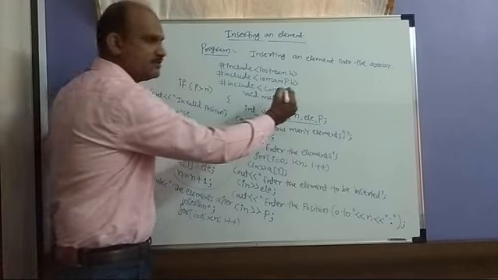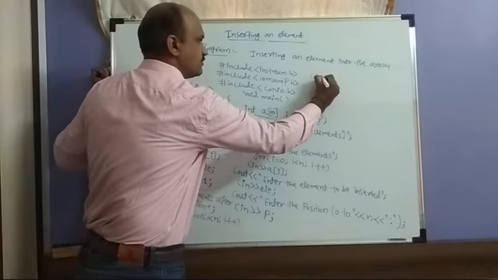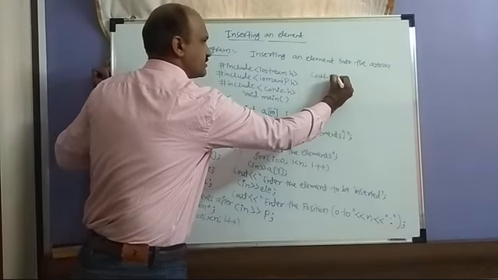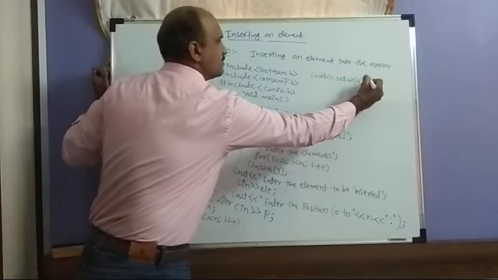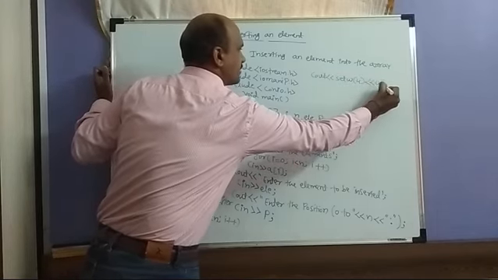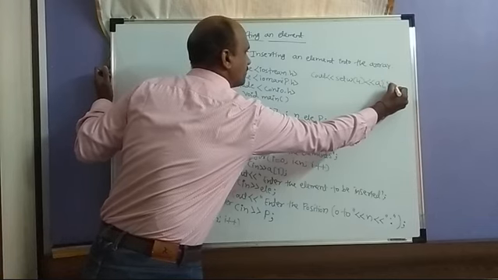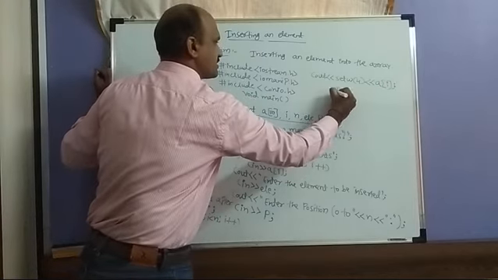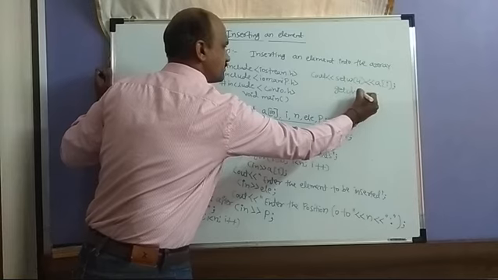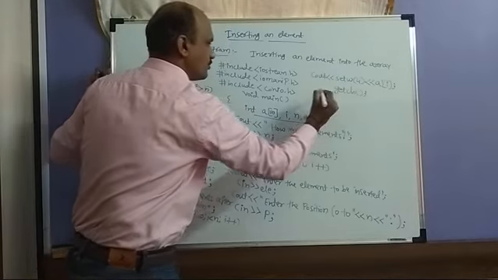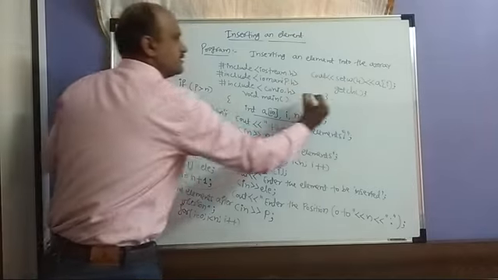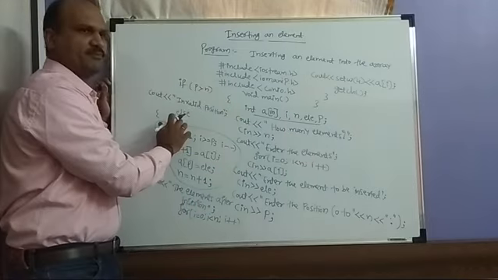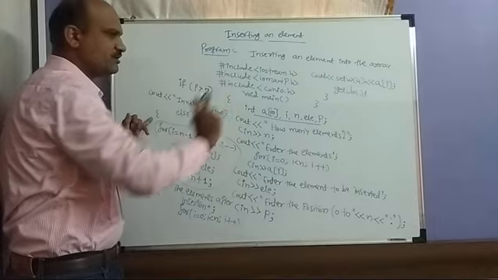So we write it here: cout, setw(4), and print the elements, A of I. Then lastly getch, close the program. So two braces, one is for main and another is for the else statement. So two braces are closing.